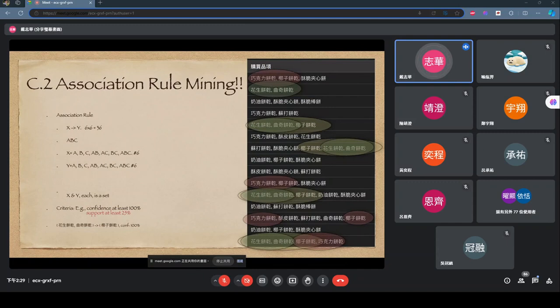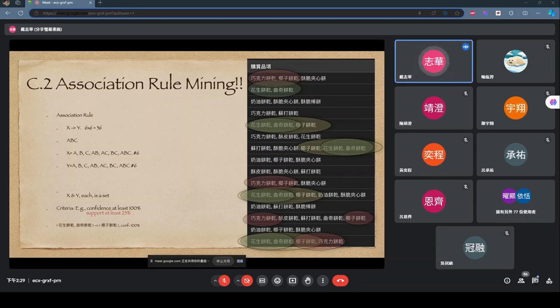Then you may say, oh, it's not difficult, right? I think this number is okay, it's fine. But please think of that. When we only have 3 items, it would result in 36 different association rules. It's from 3 to 36.